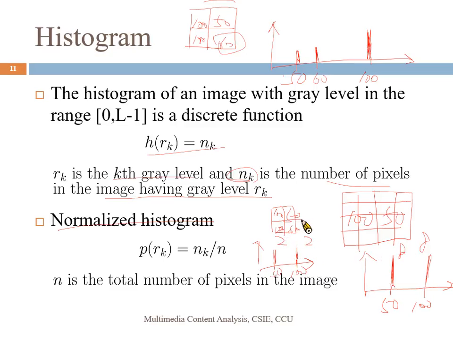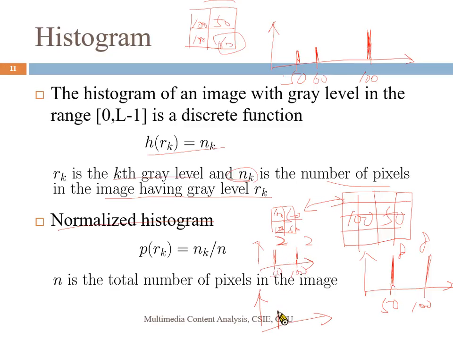But for human beings, we can see that these two images are quite similar, because the intensity distribution is basically the same, but the numbers of pixels having a specific gray level are different because of the image size. If we do normalization, we can construct a histogram like this. We divide the number of pixels by the total number of pixels in the image.